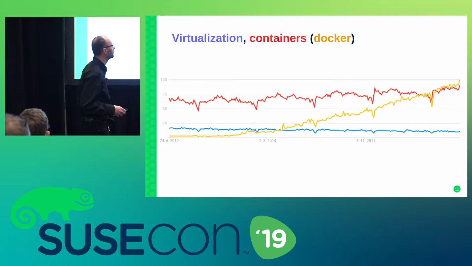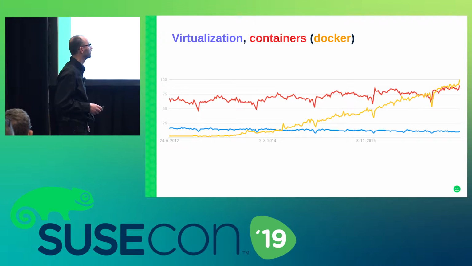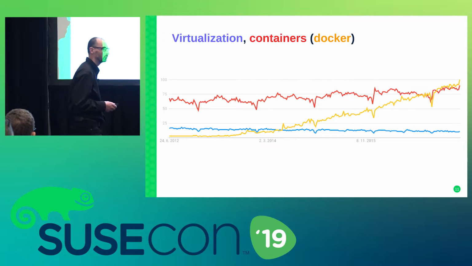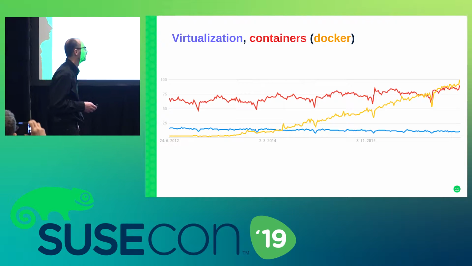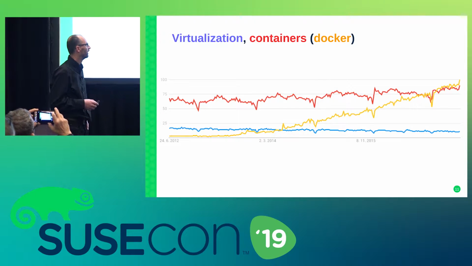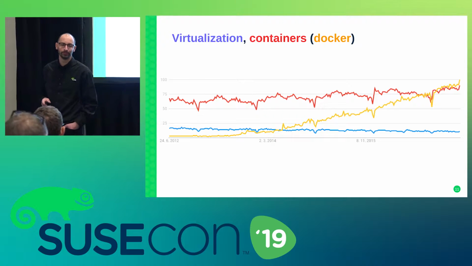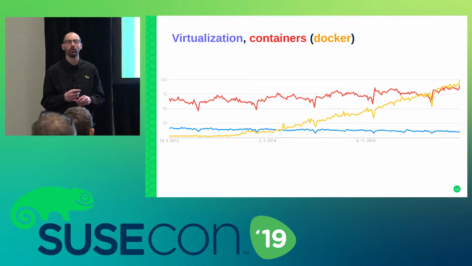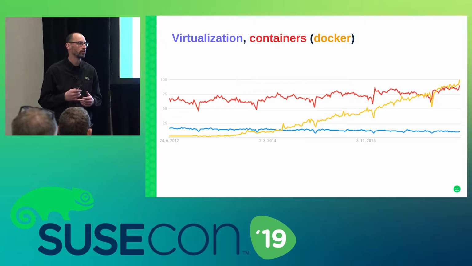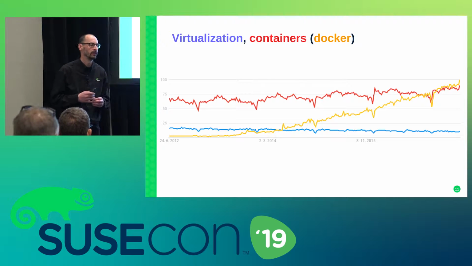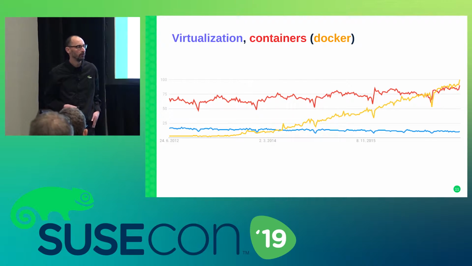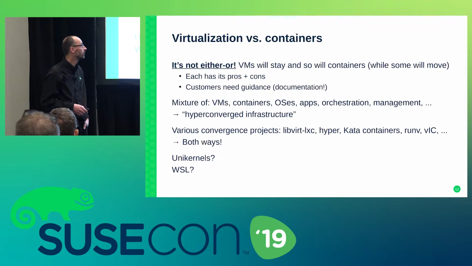When it comes to containers, you can see that Docker, which is when containers started to become really popular, has been taking off, and that trend is still there. However, there is a lot of work and effort going around orchestration, Kubernetes, and the ecosystem on top of it. But again, not going into detail here.